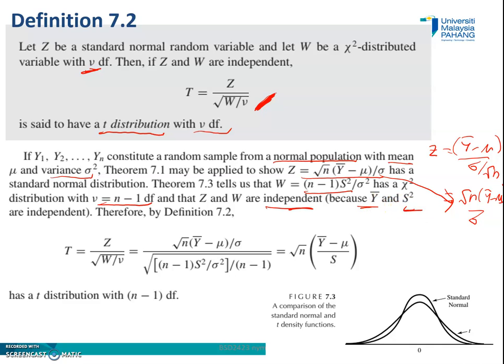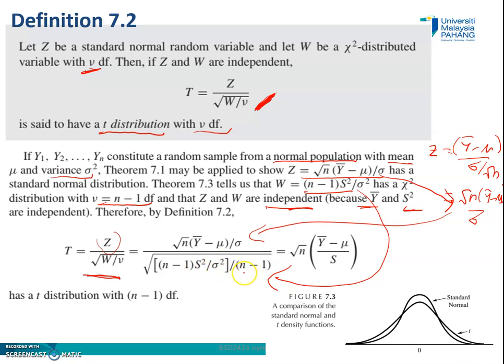Therefore, by definition 7.2, you will have this new distribution function, t equal to z over the square root of w over nu. You replace z with this equation and w with this one. Here this is z, and the square root of what is w? n minus 1 times s squared over sigma squared.